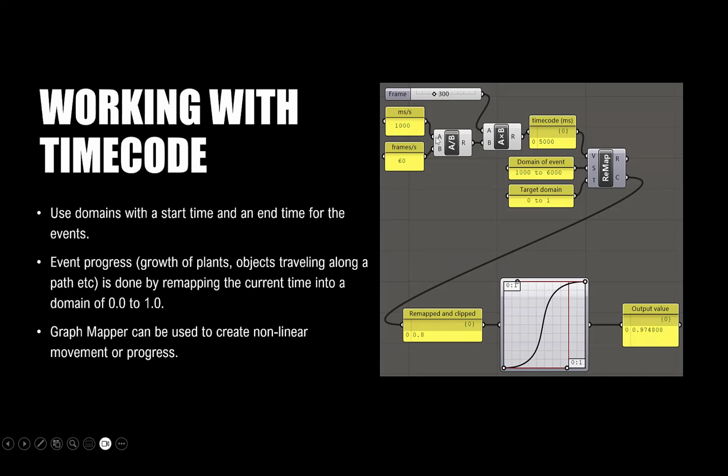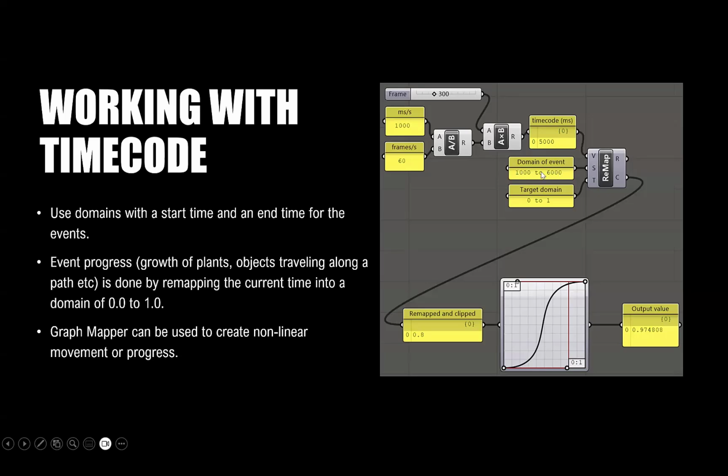I have used milliseconds for the timecode because that's also what the MIDI format uses. So you can calculate pretty easily how long each frame is in milliseconds, and then multiply that by the number of the frame you are at to get the current time code. If that is within the domain, then you want something to happen.